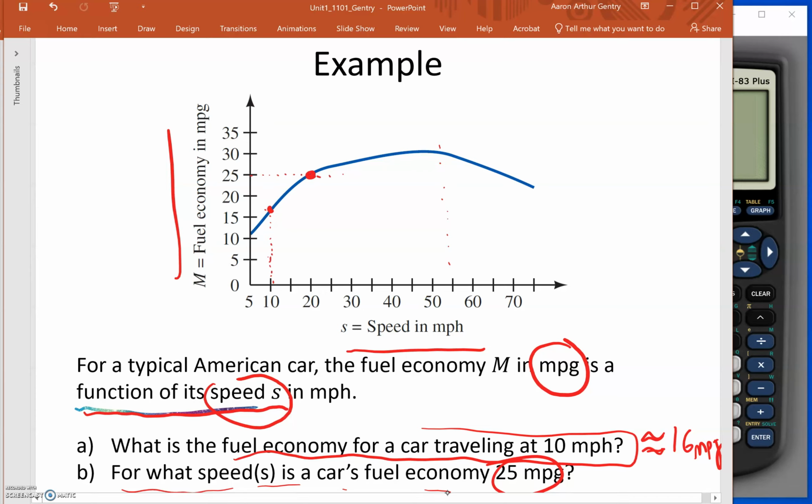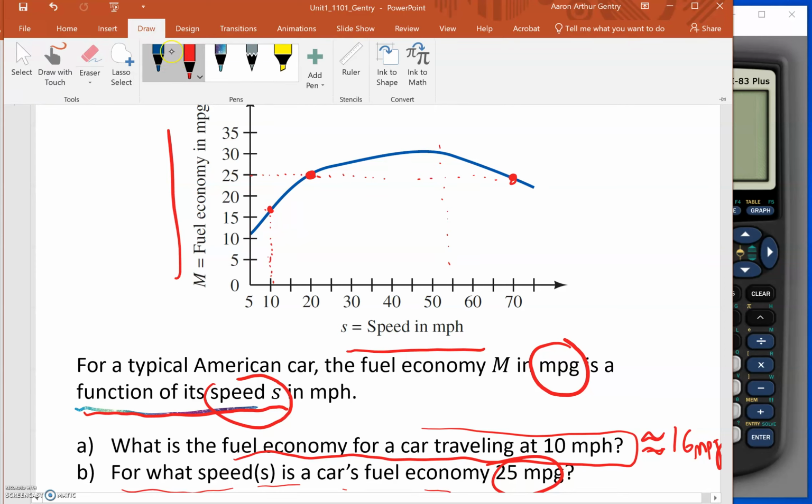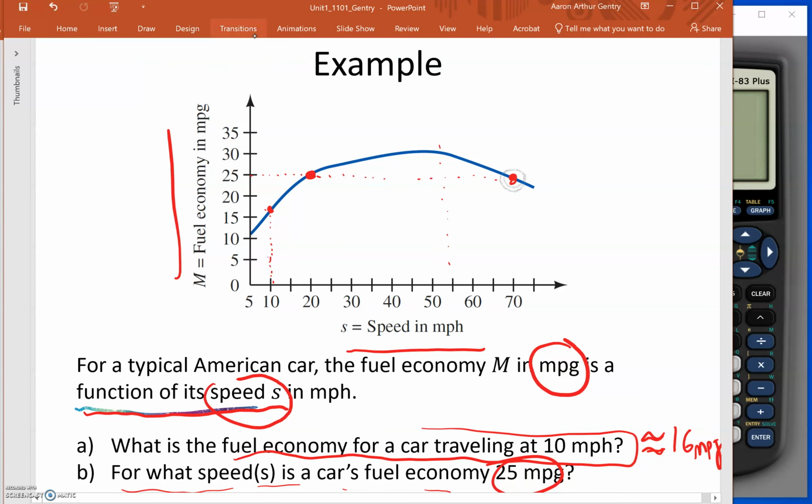And then actually, I need to keep going because I have another point over here. And so those 2 points right there, I should probably use a different color. Maybe I'll switch to this one. That and that. Oh, it's a dotted line. Okay. But what we need to see is what they correspond to in the horizontal axis.